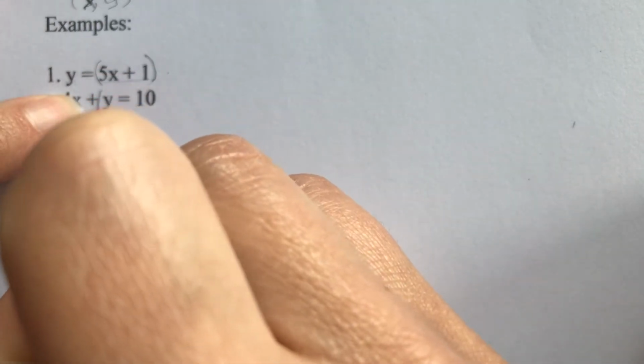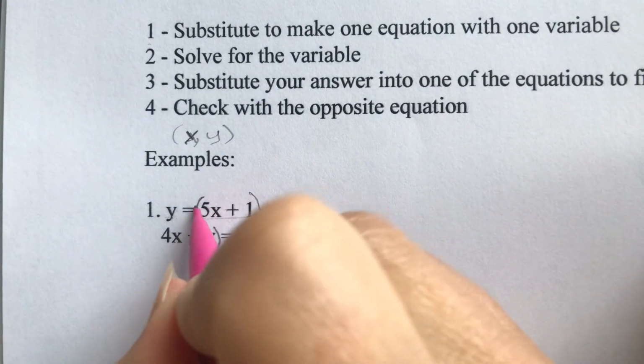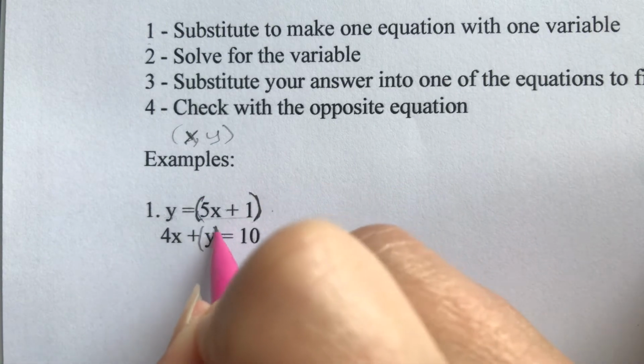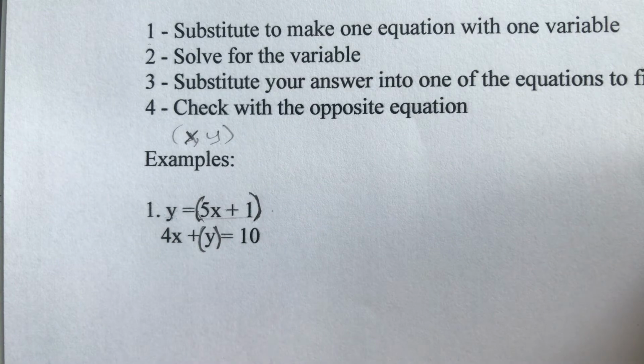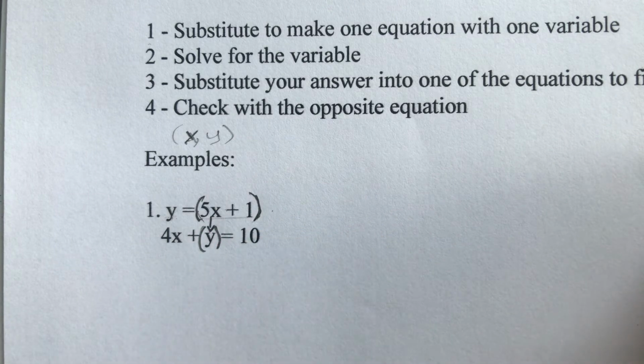So here I have a y, and notice I'm using parentheses because I like to use them here. If y is all of this, and here's my y in my other equation, I'm going to replace, or substitute, y with what it's equal to. I like the parentheses because I'm going to take what's here and smush it into there.